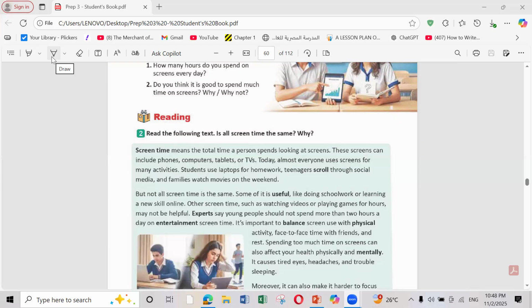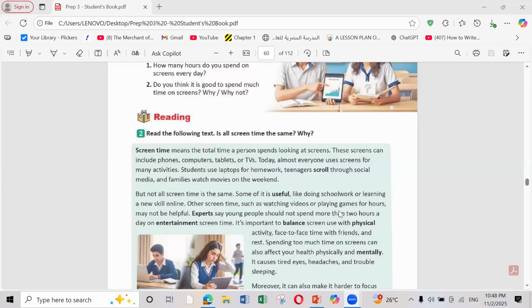It's important to balance screen use with physical activity, face-to-face time with friends, and rest. Spending too much time on screens can also affect your health physically and mentally.